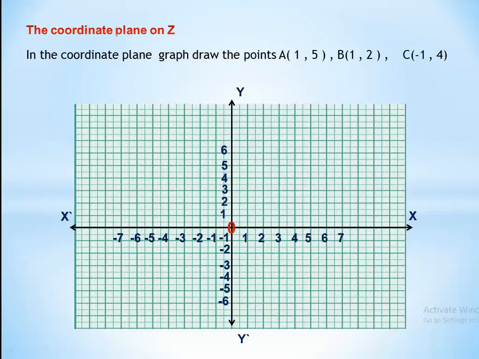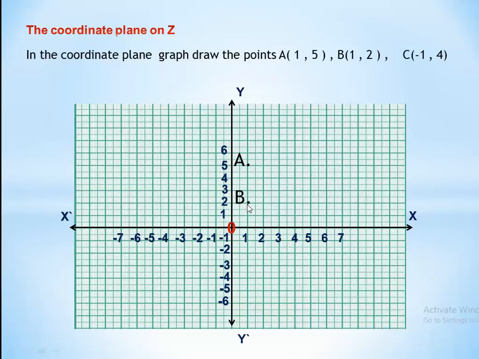Okay, let's draw letter A, point A (1, 5), go 1 and up to 5 and put point A. Locate point A. Point B, 1 and 2, 1 and 2.